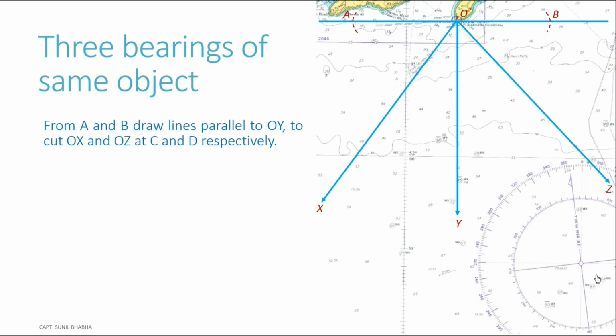Our middle bearing is OY. So we will draw a line passing from A parallel to OY.